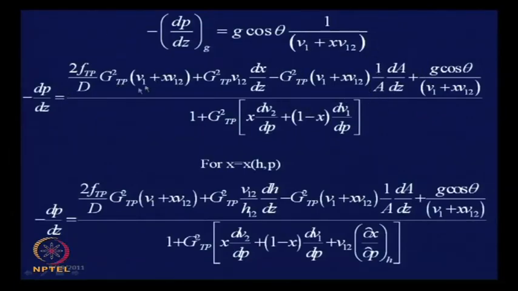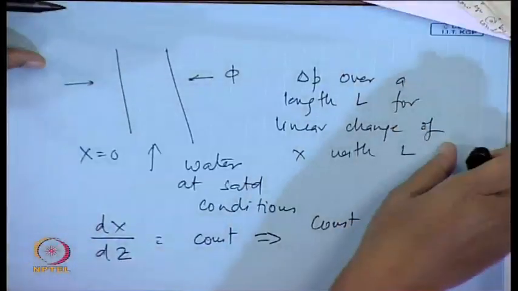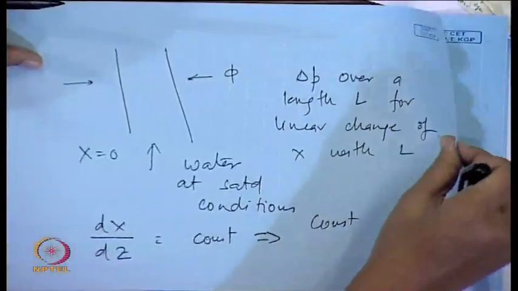We have this particular term, we have the gravitational term, and we have this term, where it is already specified in the problem that dx/dz equals a constant. So, for this particular case, if we write down the different terms, then what do we get?